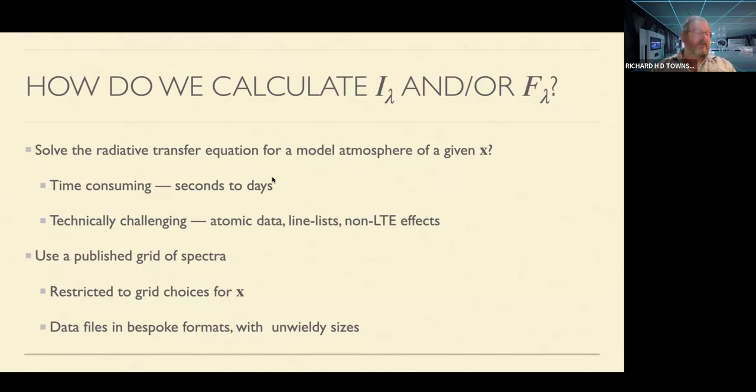And the data files for these grids tend to be in bespoke and rather random formats, often ASCII or FITS tables, and they can run into the hundreds of gigabytes in size. It's not the sort of thing you can easily access.